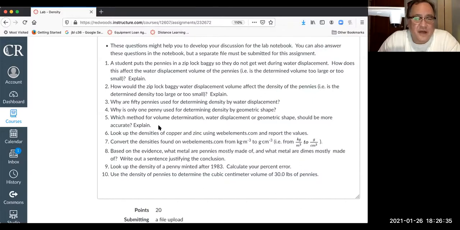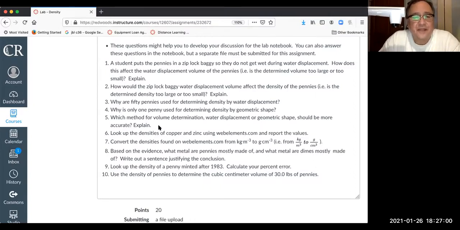What would happen to the final volume you'd measure? And my answer is, well, the baggie has volume, so the volume would be higher. Are you with me there? So there's no real number to go with this or calculation. You would simply say, you know what, the volume would be too high. Why? Because the bag has volume.